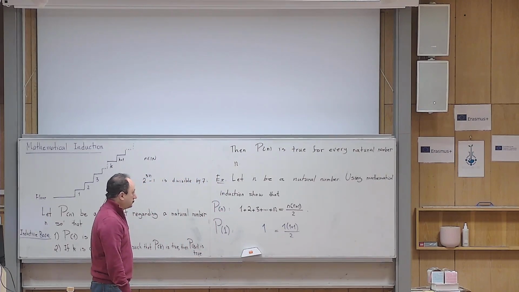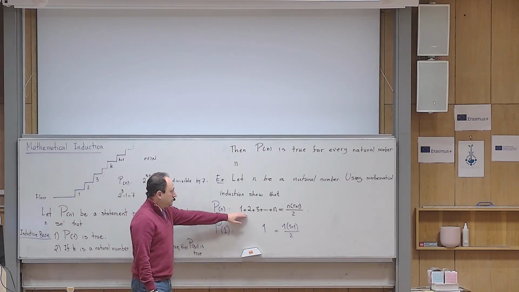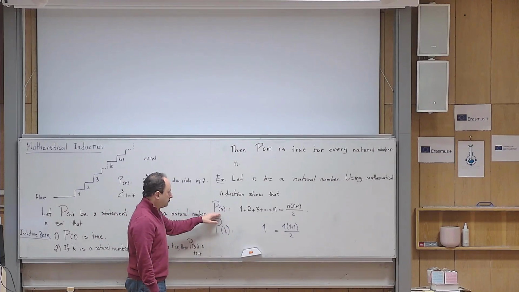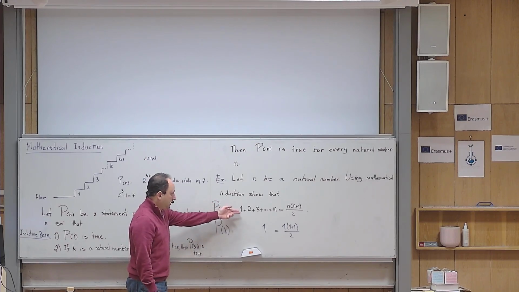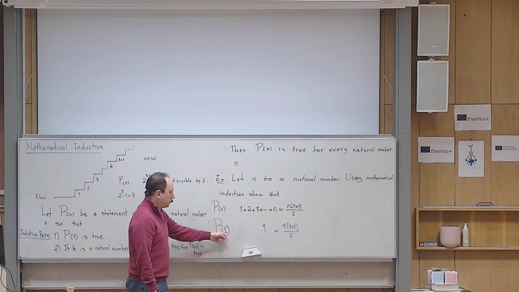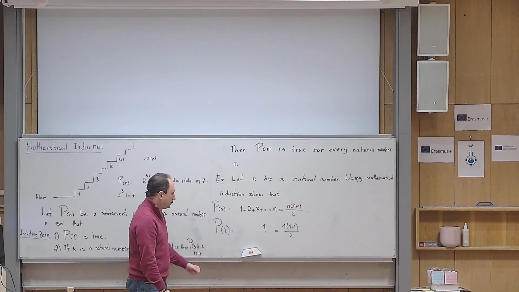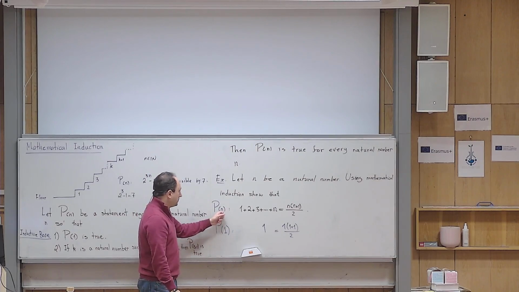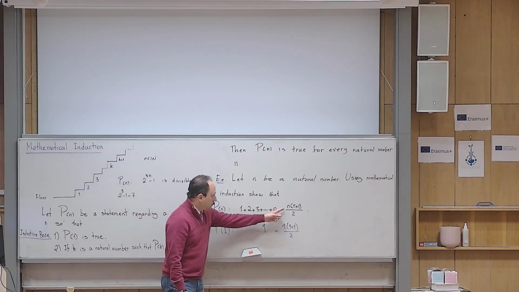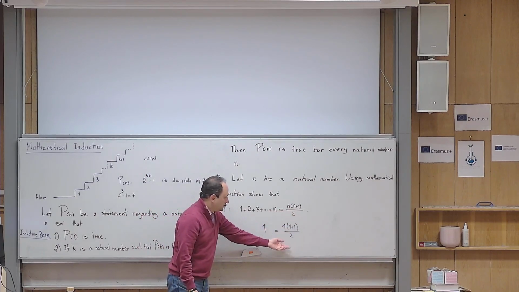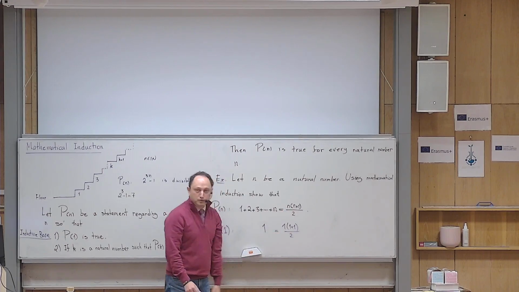Okay, first of all, what we do, we take what is given and call it P of n. The first thing we need to do is replace n in the statement given by number 1. Of course, you have to think a little bit to write it correctly. If I replace n with 1, the right hand side doesn't pose any problems, because I just take n out and put 1.